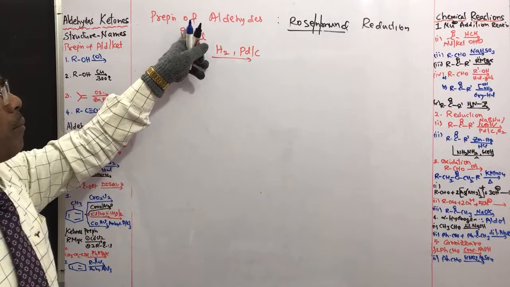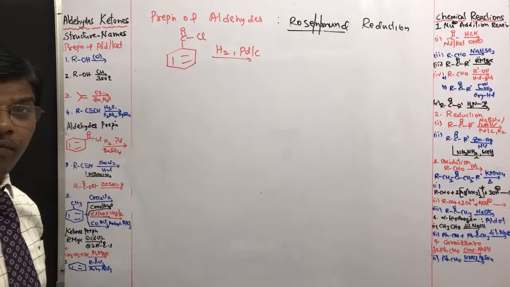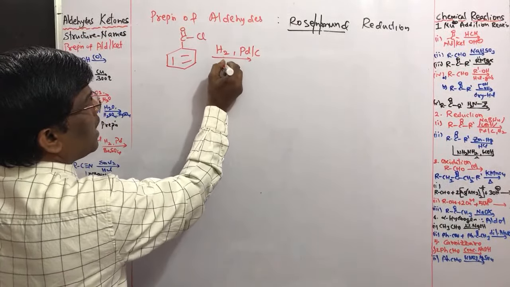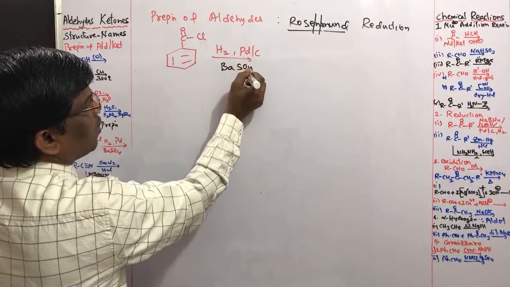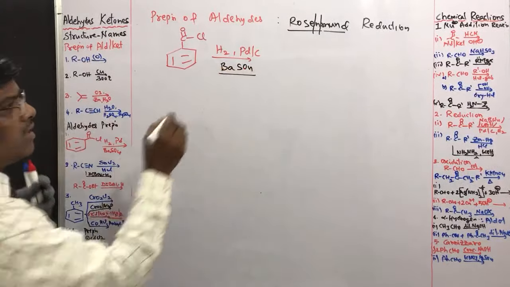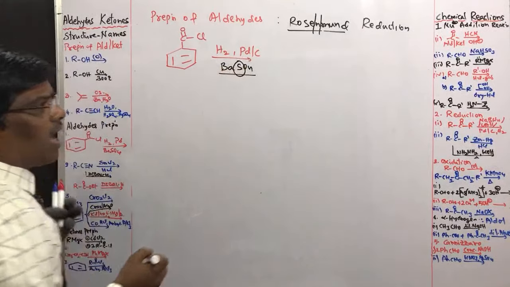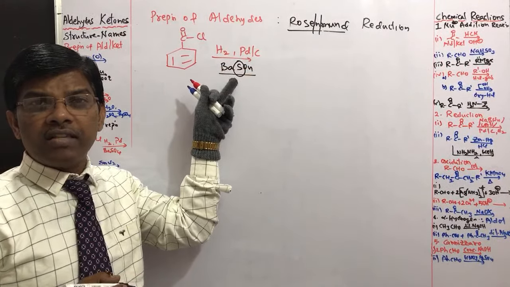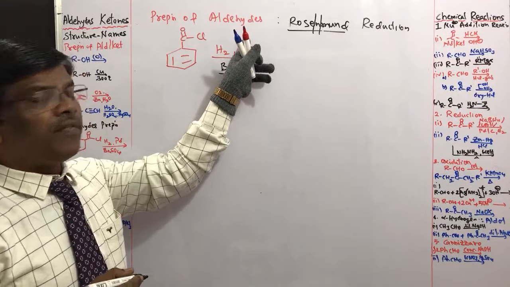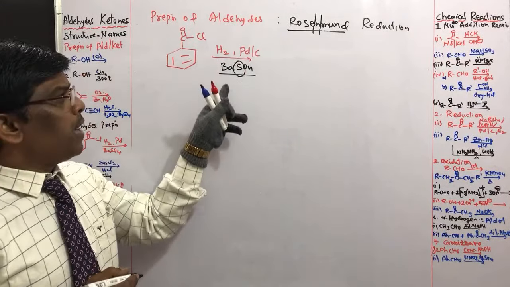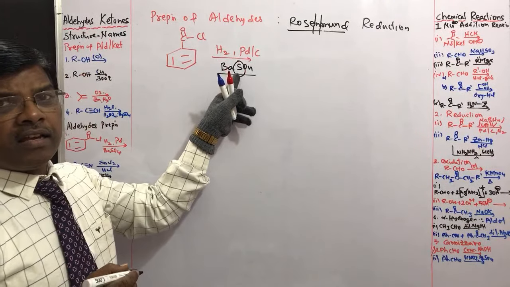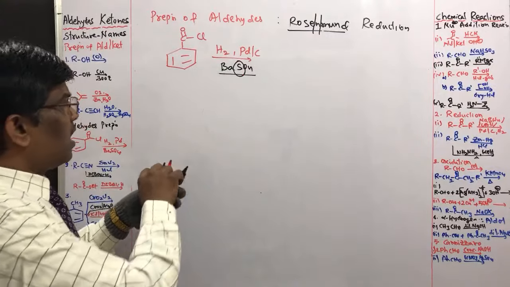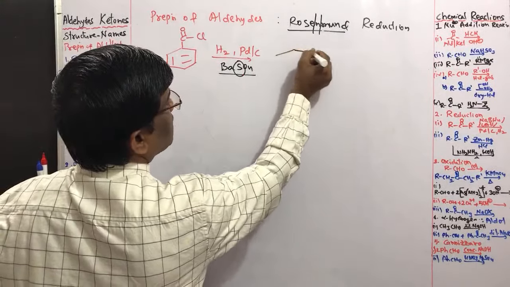The carbonyl compound stays stable only if I add barium sulfate. In this barium sulfate, the sulfur present as sulfate acts as a poison for the activity of palladium, and it stops at the aldehyde stage only.